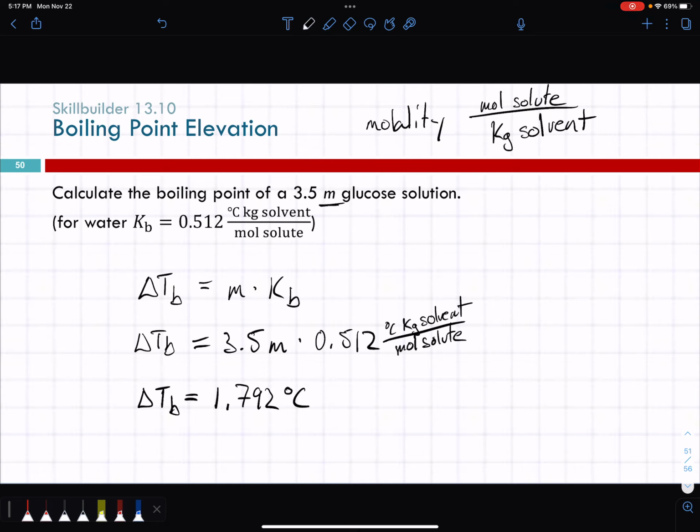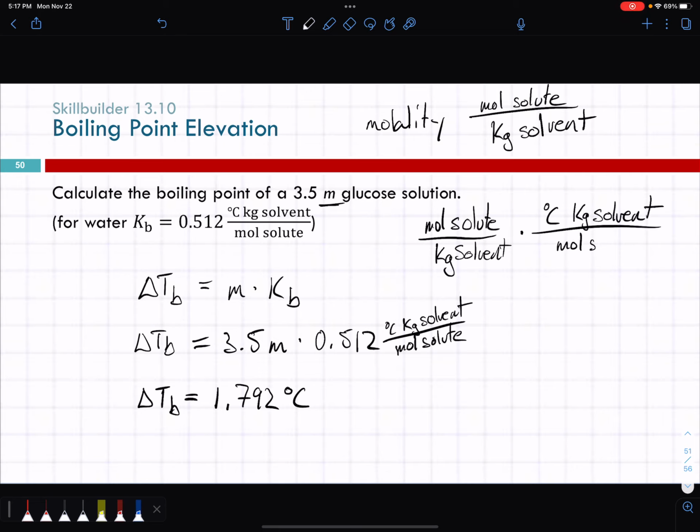Okay. Molality is moles solute per kilogram solvent. So this is degrees C kilogram solvent over moles of solute.